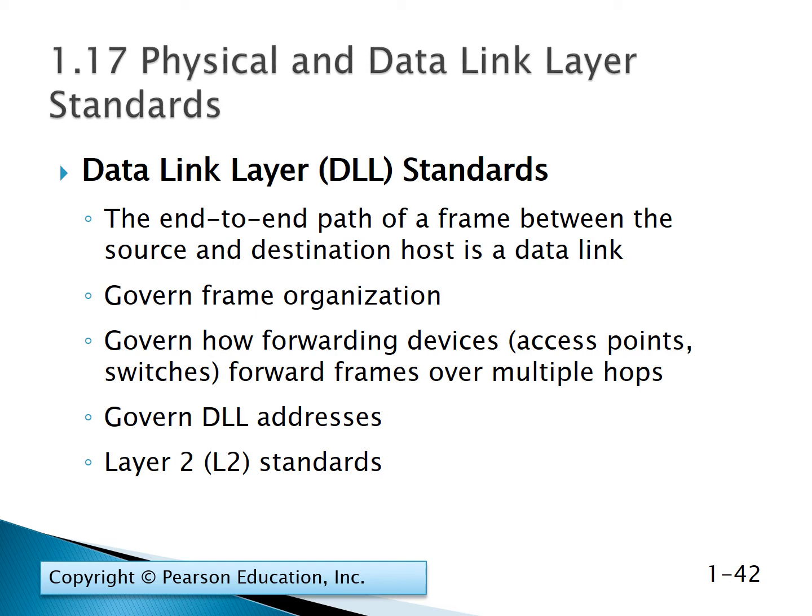So the data link layer defines, when you want to send a message, or in this case what we call a frame, from one host to another host in a single network, what path it should take, and how it's going to forward the message to the next device. It also covers the data link layer address, or what we call the DLL addresses. So it's usually called the layer 2 standard.